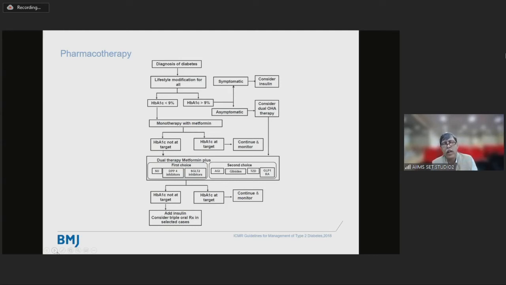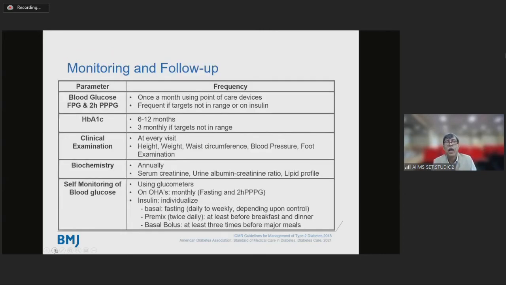And I already mentioned what sort of agent you will choose to add, whether it's an SU, which I do, because they're actually pretty good agents as long as your patient doesn't have a significant hypo risk, or DPP-4 or SGLT2. And then, of course, you have the other agents. Add insulin in terms of triple therapy, if you're more than 1% above target. Each additional agent is unlikely to lower the A1C by more than 1%. It's usually about 0.6, 0.7% after you've given 2 oral agents.